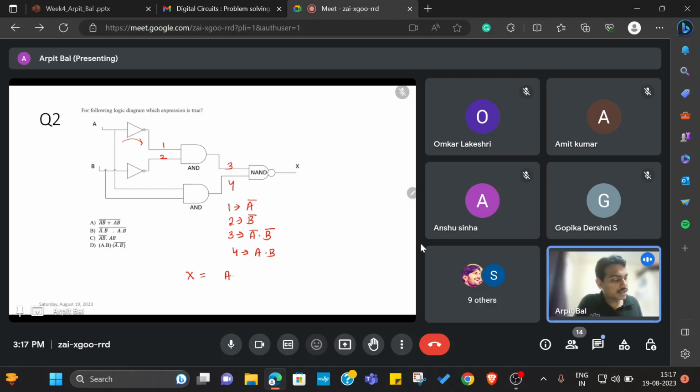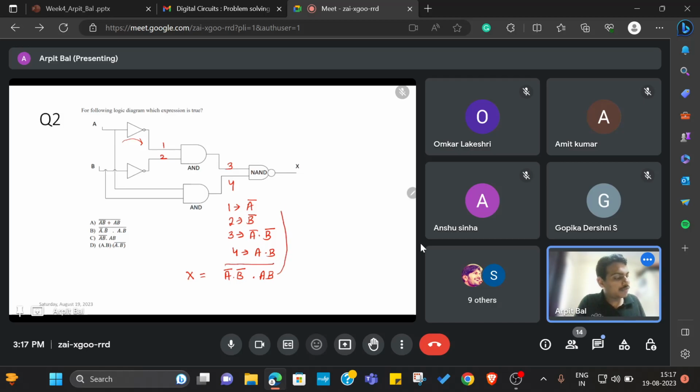So we have equation 3 as a bar b bar dot ab, whole bar.